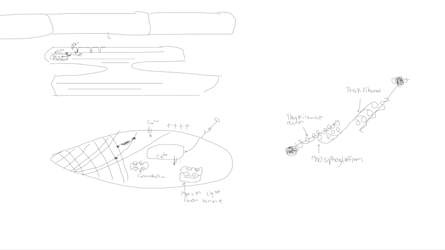And this myosin light chain kinase is going to, along with ATP, so ATP just around the cell, and myosin light chain kinase together will result in phosphorylation of these myosin heads here. Okay, and that will result in the myosin heads being able to interact with this actin and being able to contract.